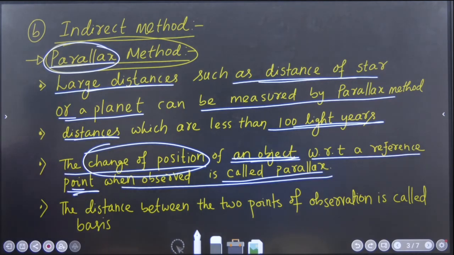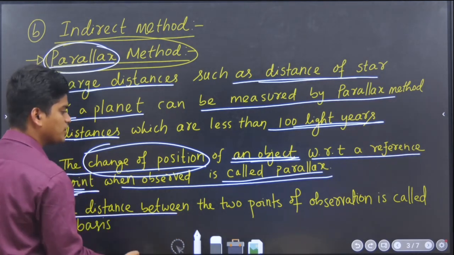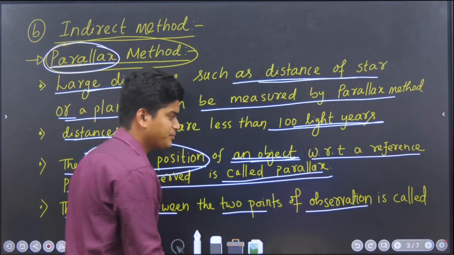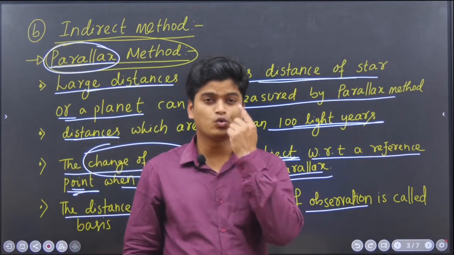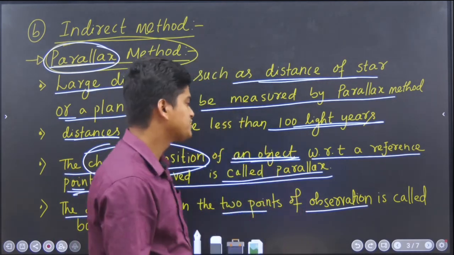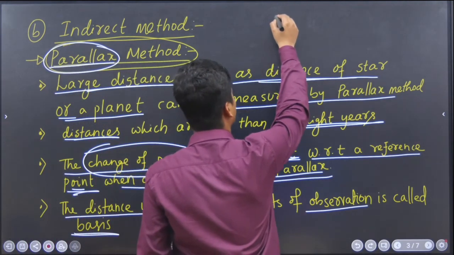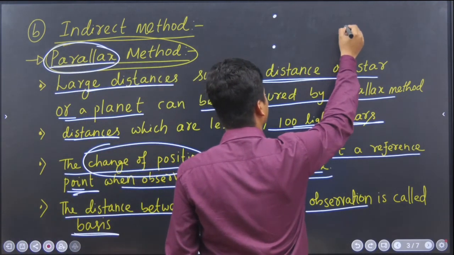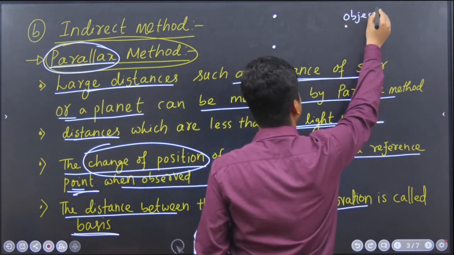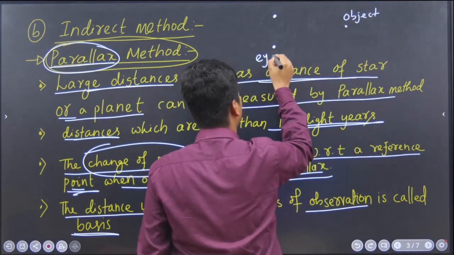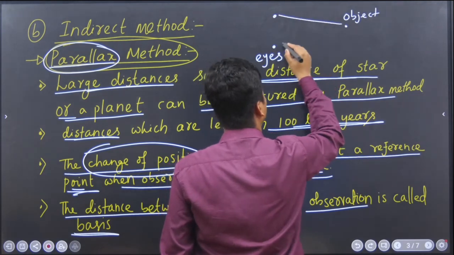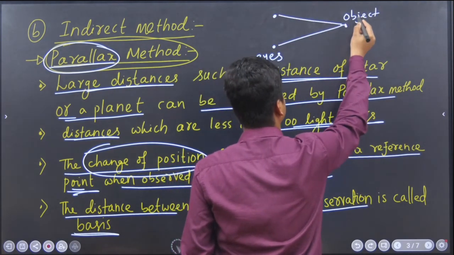Now, remember the distance between the 2 points of observation, that means your 2 eyes. That distance is called the basis. Here you have 2 eyes and here you have the object, and you are seeing this object.